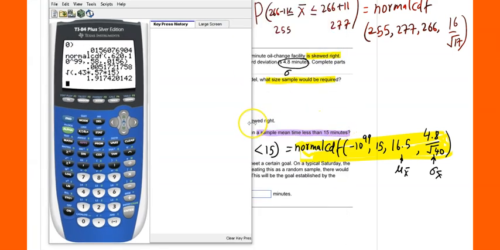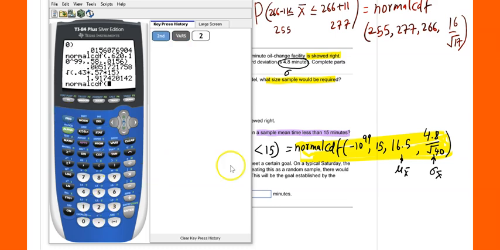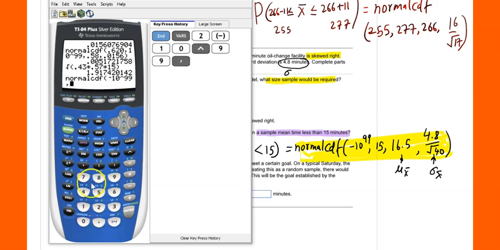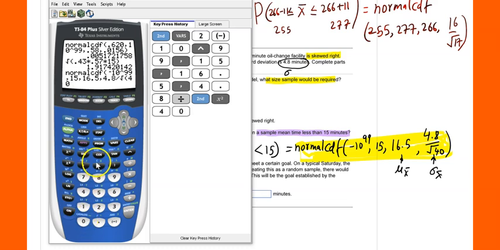You use normal CDF, second VARS number 2, and use negative 10 to the power 99 comma 15, which is the upper bound, comma 16.5, which is the mean, comma the standard deviation 4.8 divided by second square root of 40. Close the square root and close the other parenthesis for normal CDF.